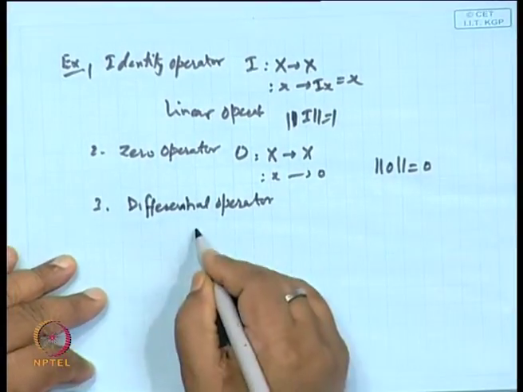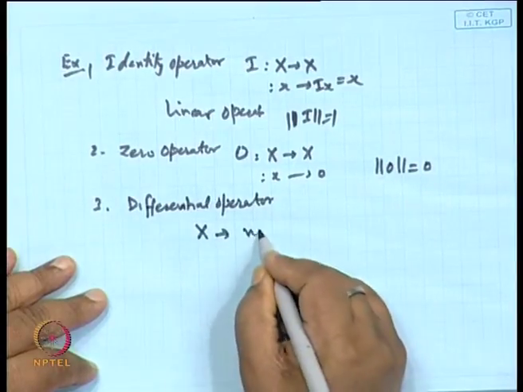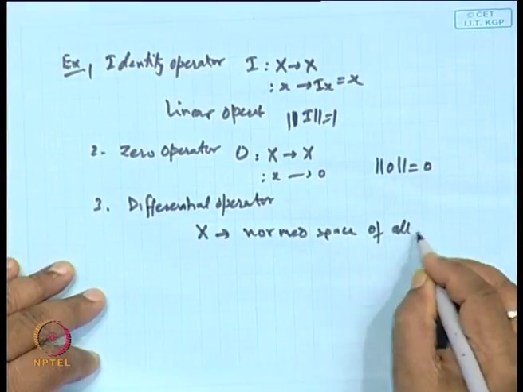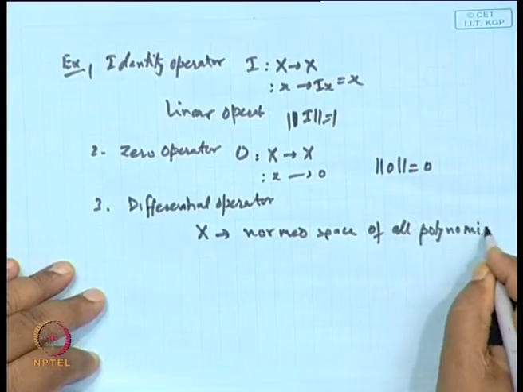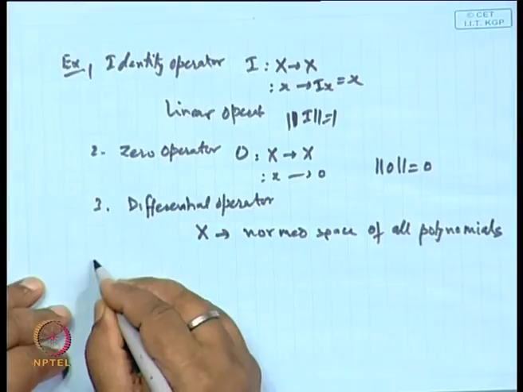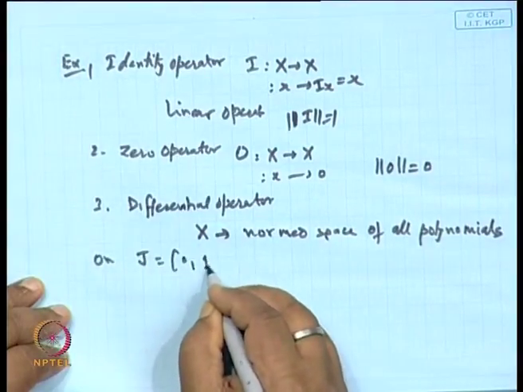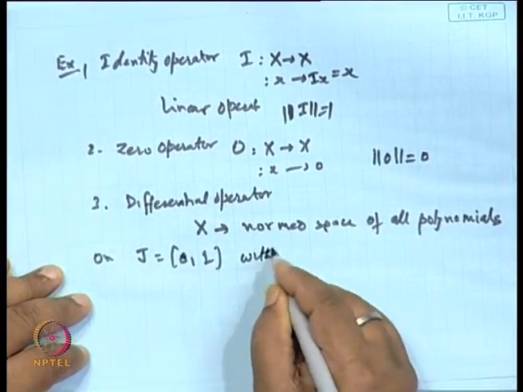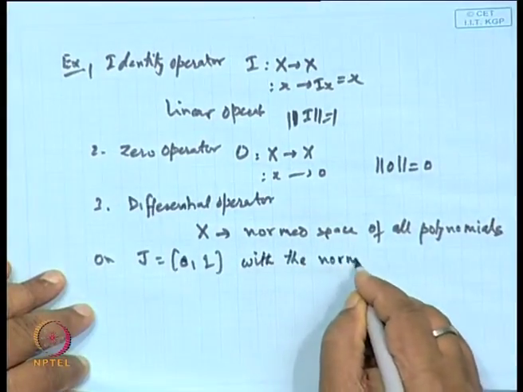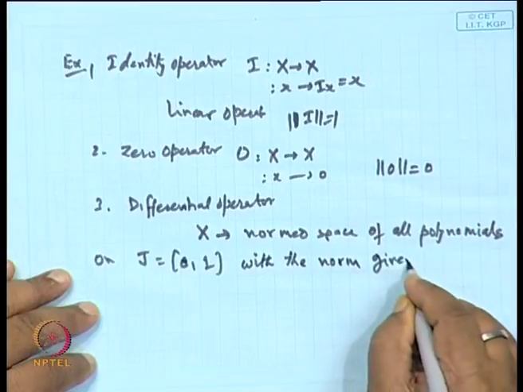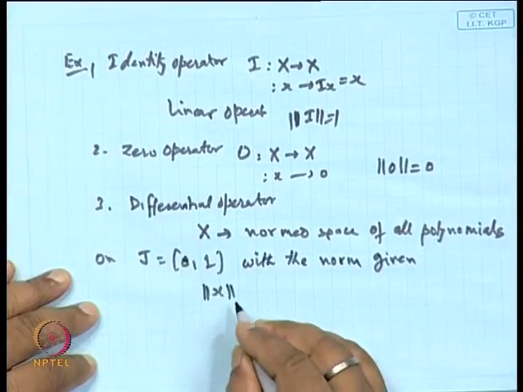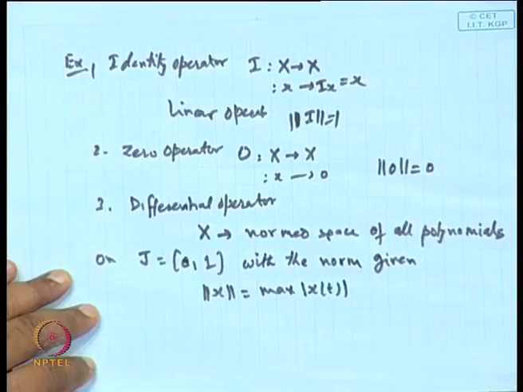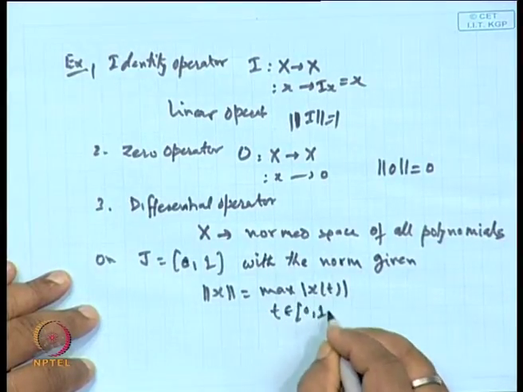That is, if we take X to be the normed space of all polynomials on the closed interval [0, 1], with the norm given as norm of x equal to the maximum of |x(t)|, where t belongs to the interval [0, 1].